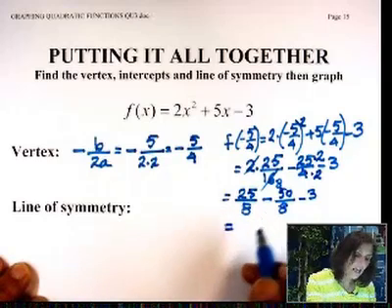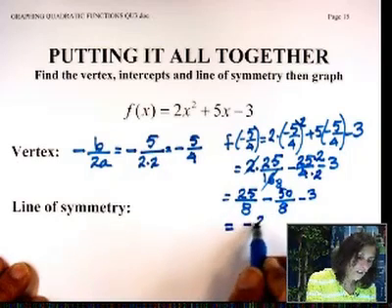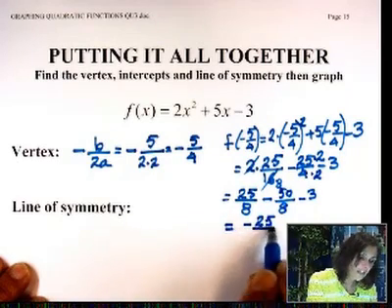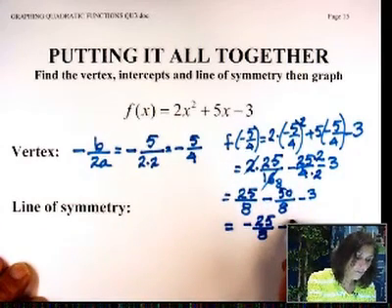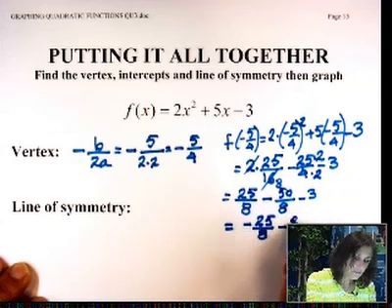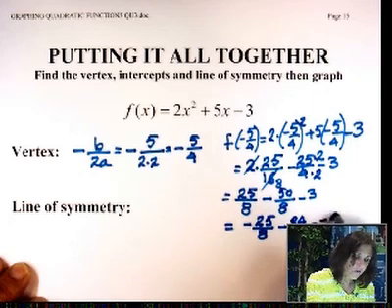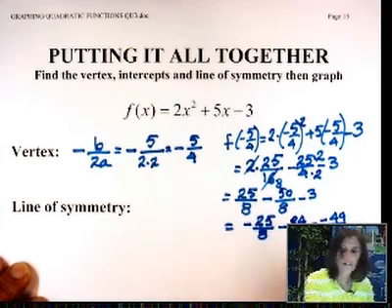And you're going to get negative 25 over 8. Negative 3 times 8 is negative 24. So you're going to get negative 49 over 8.